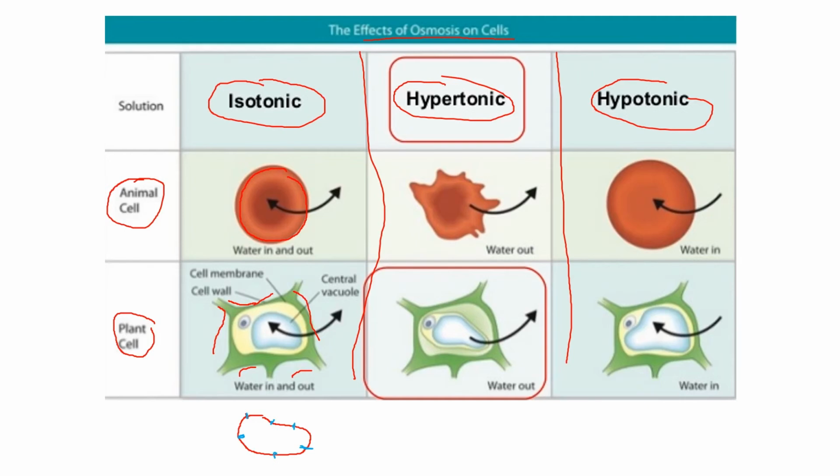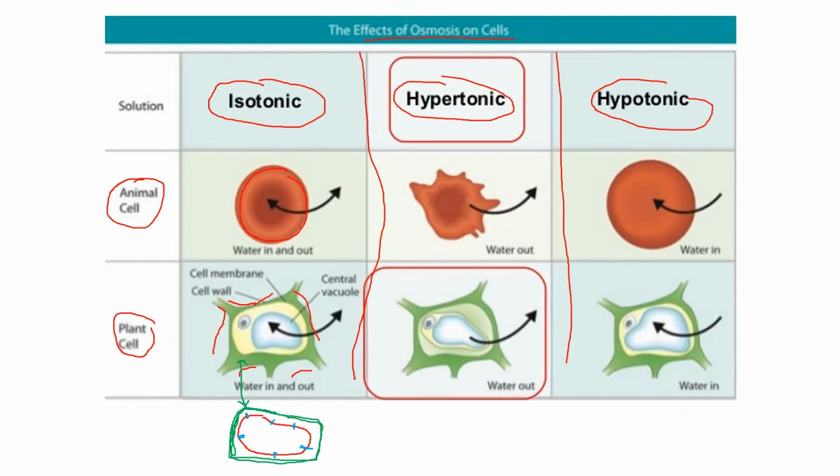But plants also have a very strong and rigid cell wall, and this is what I'm making green in here. So this is the cell wall, here it's green, and in here it's green. And the cell wall lacks aquaporins.